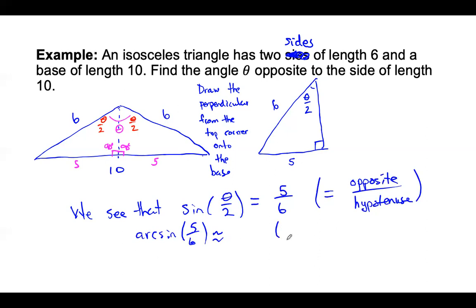Anyone? Calculator. Approximately equal to, let's say, 56.44 degrees. But that is just, so essentially theta divided by 2 is equal to 56.44 degrees.